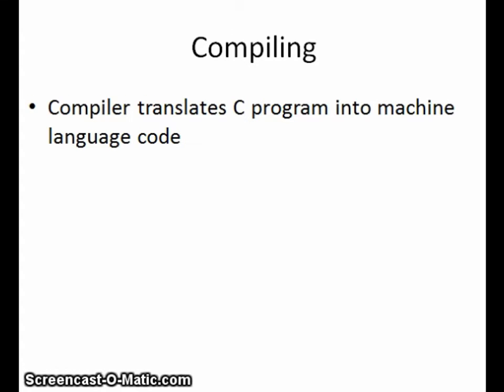That is why that file is also included in this compilation process. So in pre-processing, we gather all the files required for our program, and in the compilation stage, these files are compiled and translated into machine language code.